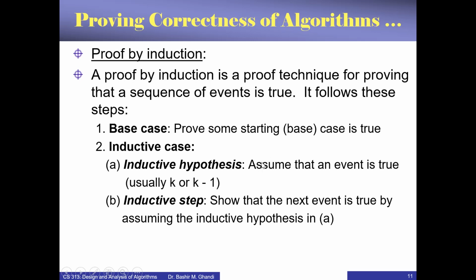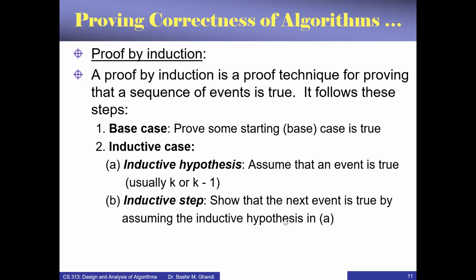If you assume k, then the next step is going to be k plus 1. Whereas if you assume k minus 1, then the next step is going to be k itself. So it's up to you which one you use. Sometimes it's easier to choose k, but sometimes it's easier to choose k minus 1, depending on the problem that you are trying to prove.